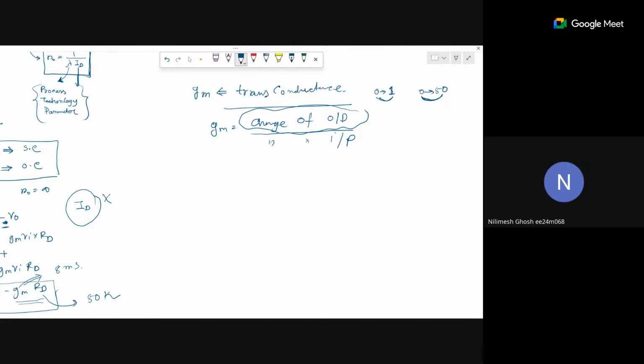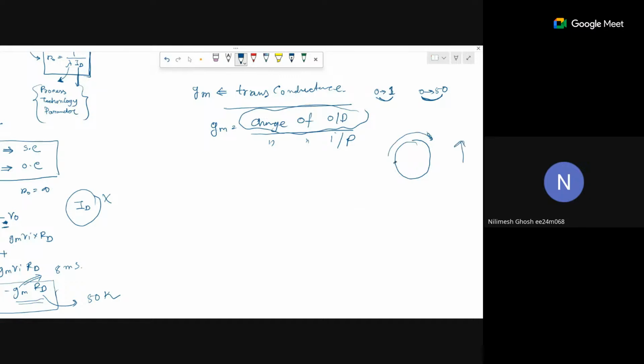Let's say in another example, we are driving a bike, and we rotate the accelerator a little bit. Now that accelerator has an initial point, right? Let's say this is our accelerator, and it rotates like this only. If I rotate like this, the speed will increase from this side to this side.